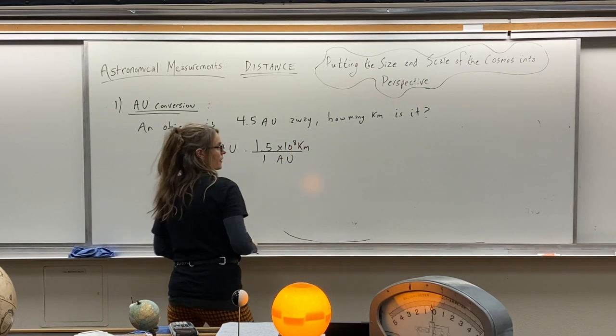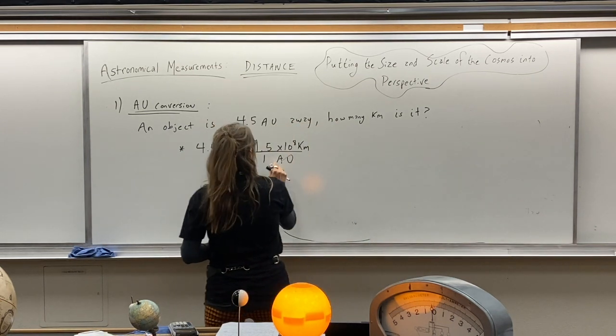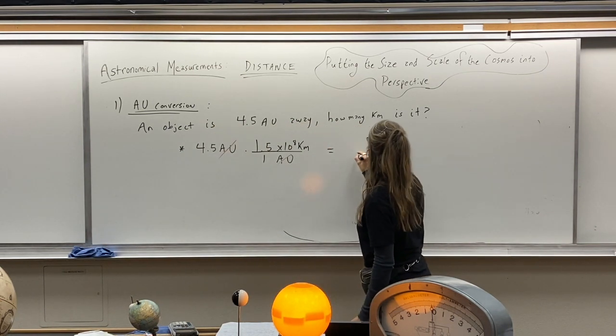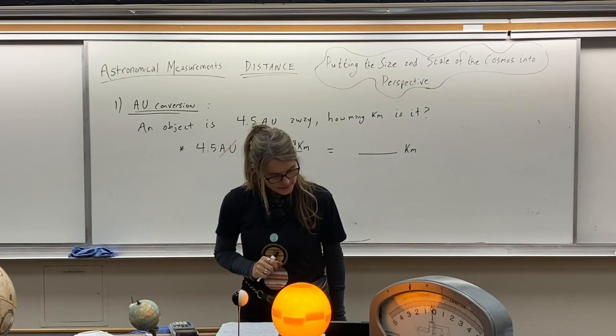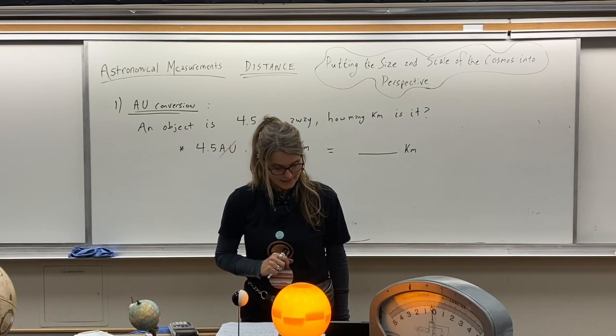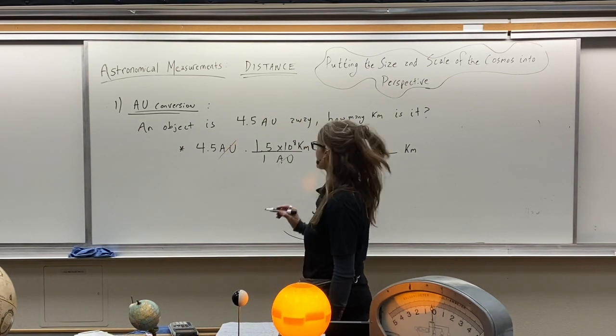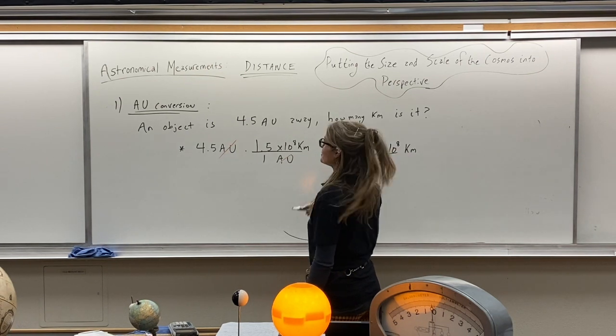And our AU cancel. And we get an answer in kilometers, which is 4.5 times 1.5 times 10 to the 8 gives us 6.75 times 10 to the 8 kilometers.